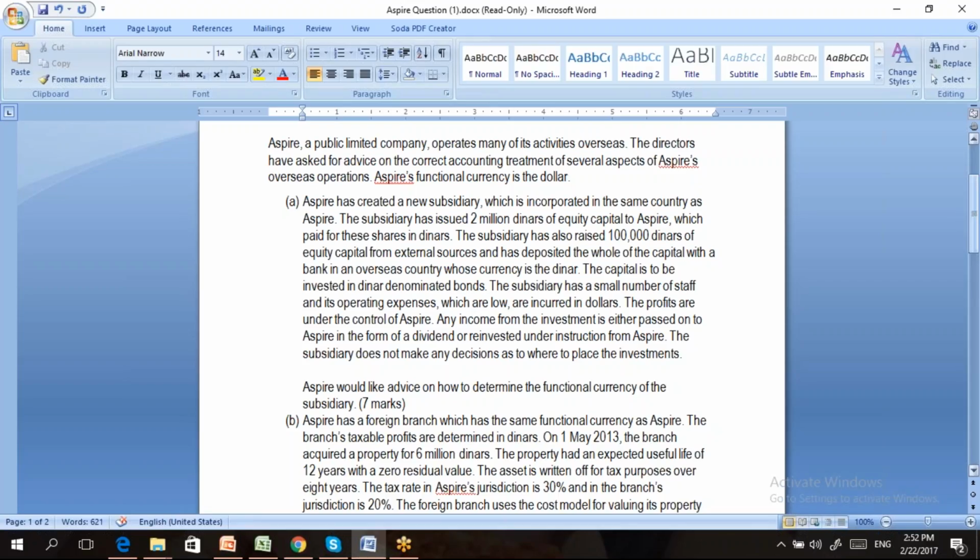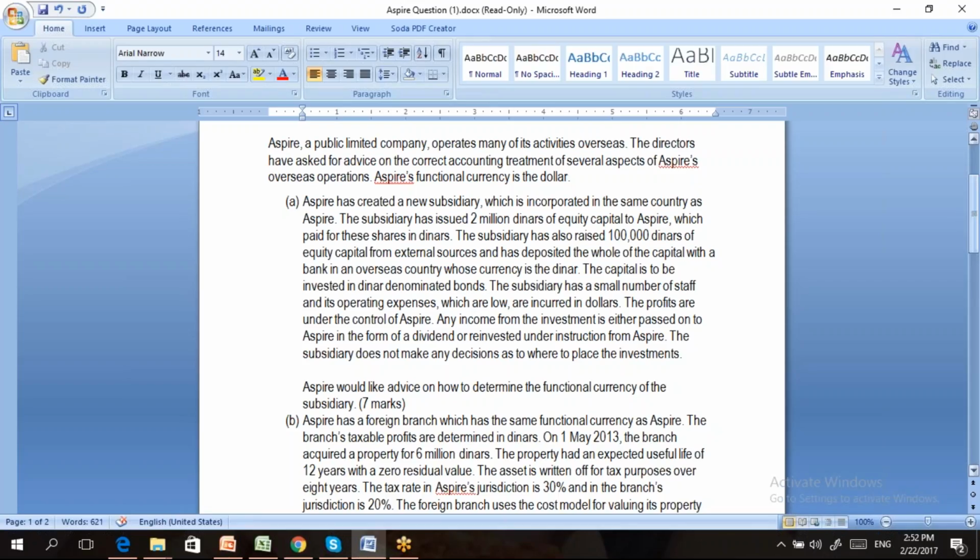They're not asking for an answer, they're asking for advice on how to determine it. Now, having said the general thing, I must go into what can be applied in our case. In the case of Aspire, the subsidiary does not make any decisions as to the investment of funds.